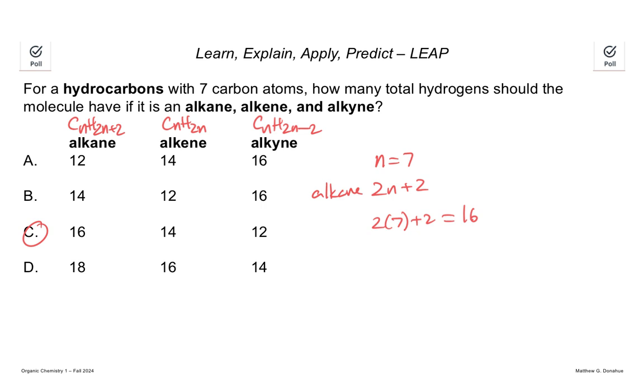So alkanes, no degrees of unsaturation. Alkenes, 1. Alkynes, 2. So when you look at the progression of these molecular formulas, each molecular formula is losing H2.